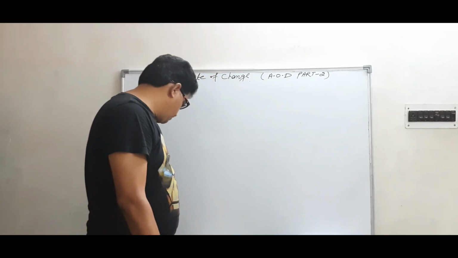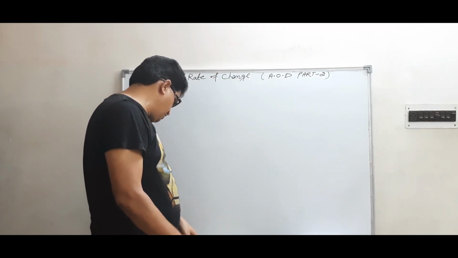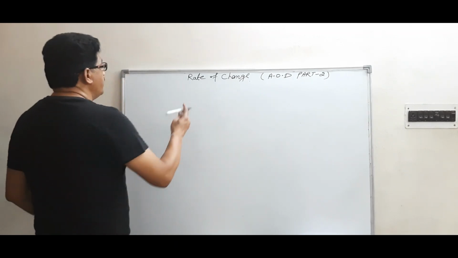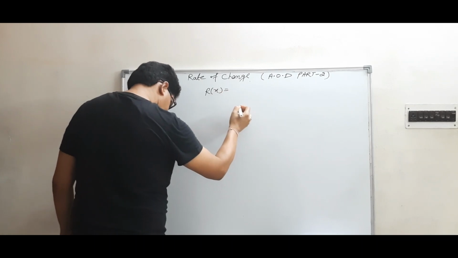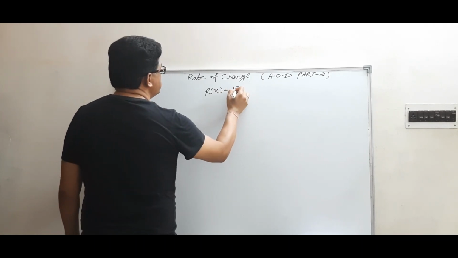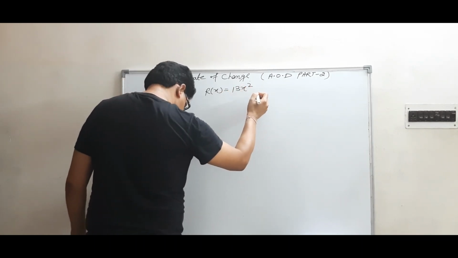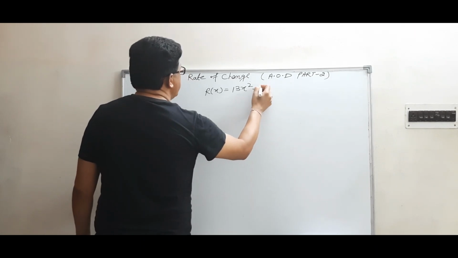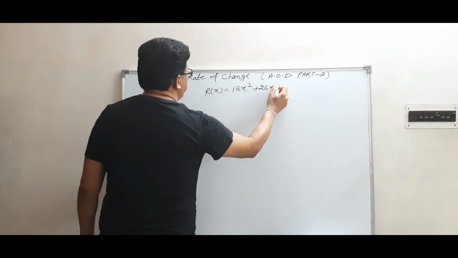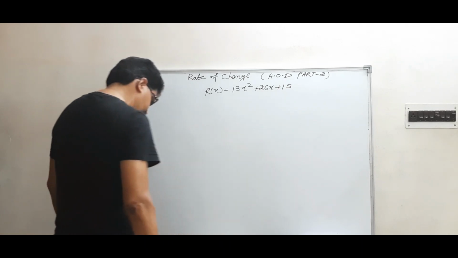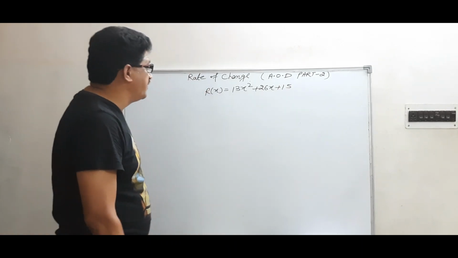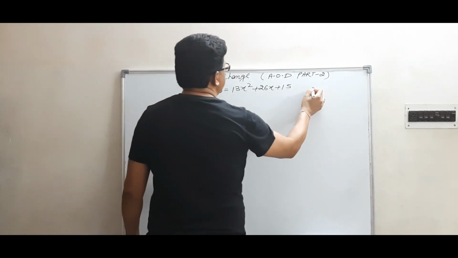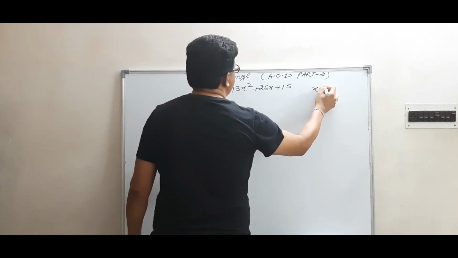You can see question number 16. Revenue is given, R(x) is 13x square plus 26x plus 15. Find the marginal revenue when x is 7. You have to find out marginal revenue.